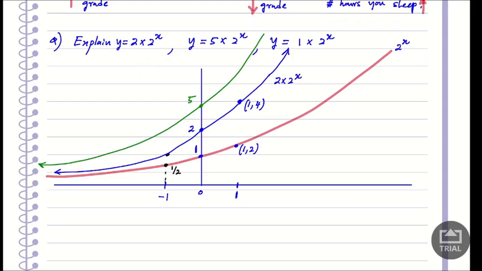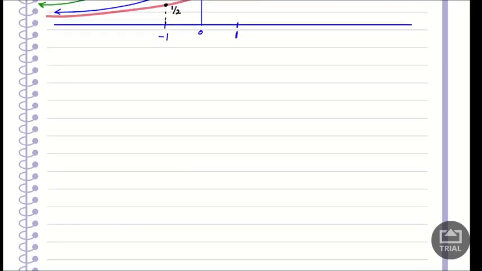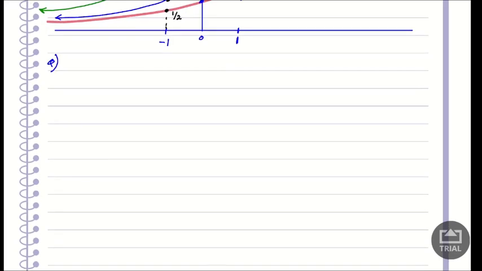Yeah, so 2 to the power 2x and so on, those are variations. So the best thing, now knowing these basics, is that you can try to think about variations and plot them. For example, what Yash is asking: y is equal to 2 times 2 to the power x versus y is equal to 2 to the power 2x. So this is what you're asking, the difference between these two.